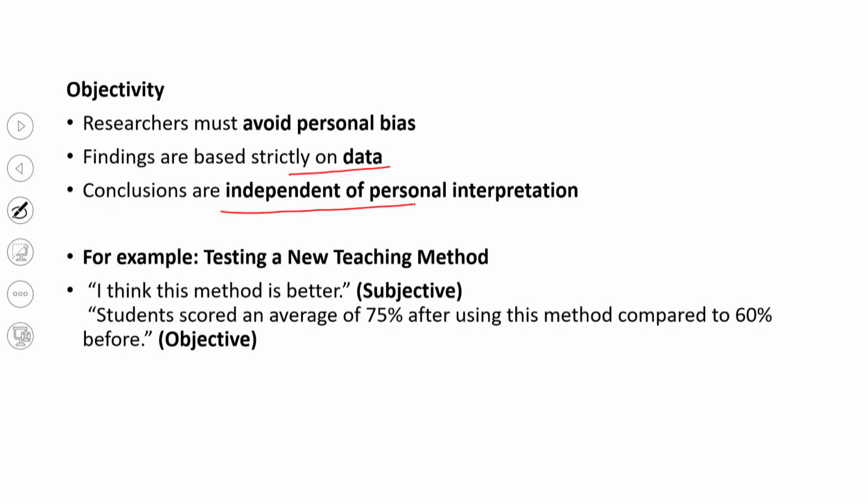Conclusions are independent of personal interpretation. So, conclusions are based on the data that you are getting, not just your own interpretation. So, for example, what does objectivity mean? Say you are testing a new teaching method and you want to see whether this teaching method is effective for students or not. Let us say this is just a hypothesis that you are trying to test out.